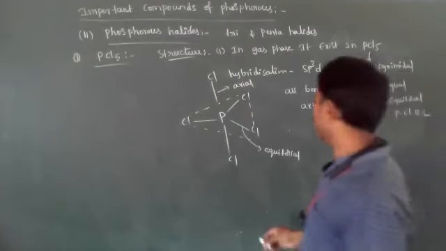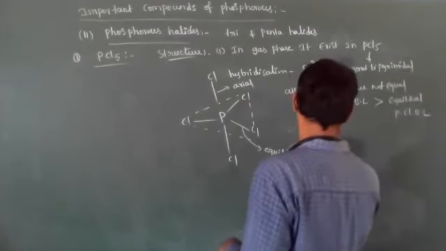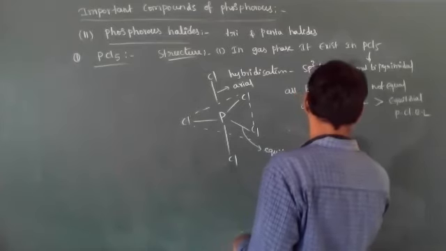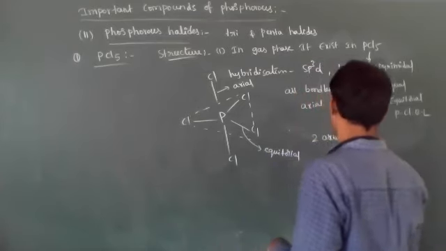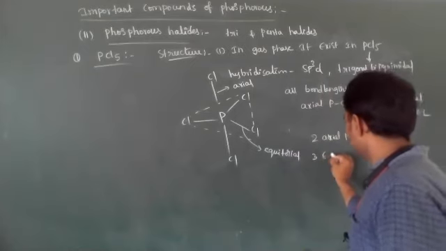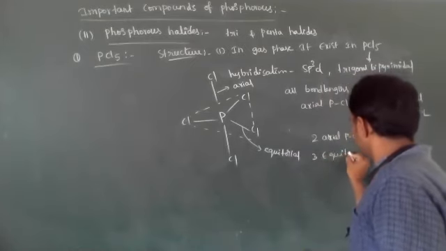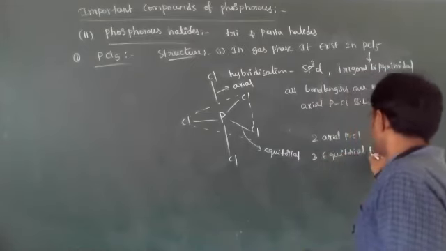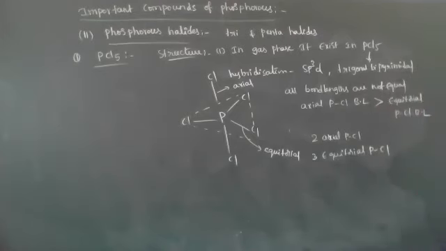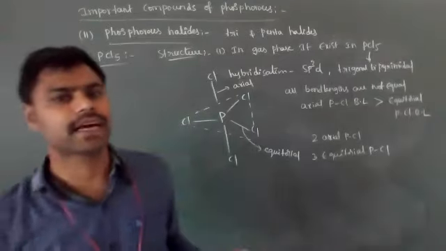So how many axial bond lengths are present? 2 axial phosphorus-chlorine bonds are present and 3 equatorial phosphorus-chlorine bonds are present. So this is about the structural importance of phosphorus pentachloride.